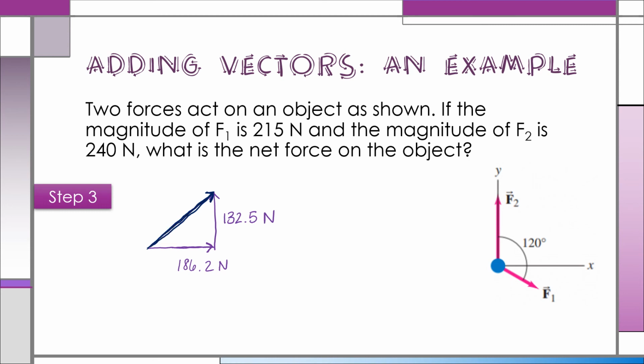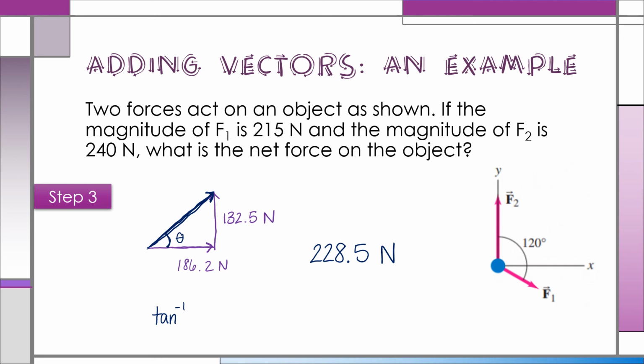I can use the Pythagorean theorem to find the magnitude of that resultant. So a squared plus b squared equals c squared. I end up getting 228.5 newtons as its magnitude. And I'm going to go ahead and find this angle right here, since that is my angle within my triangle. And in doing that, I'm going to use the inverse tangent.